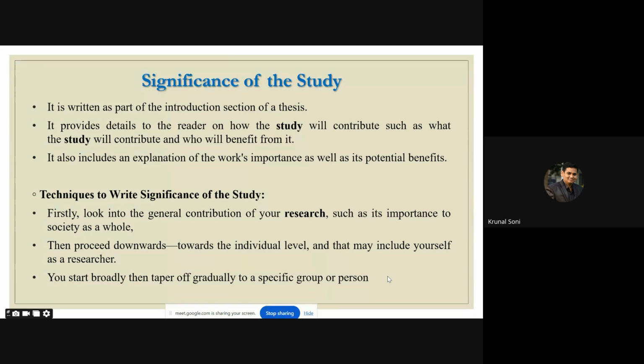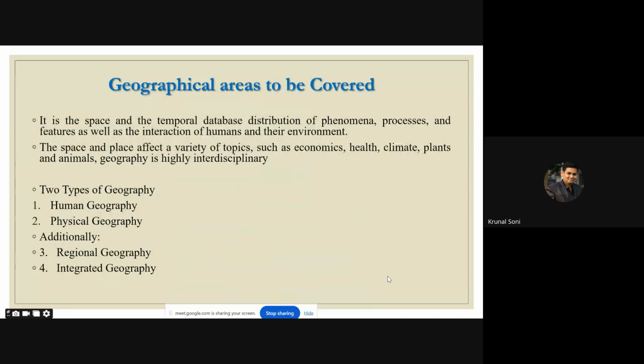So the significance of the study needs to be defined. Okay, so significance of the study basically consists of the importance of the study for research people and the society.